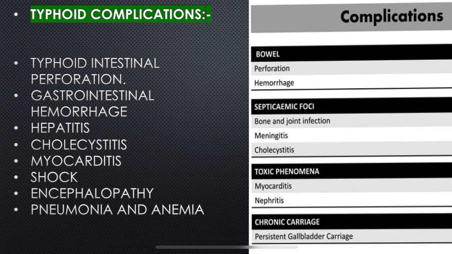Encephalopathy is when the bacteria cause brain inflammation, which is confusion, delirium, seizures. And then we also see spreading to the bloodstream: once Salmonella typhi multiplies in the ileal Peyer's patches and the intestinal ulcers, it can break through and spread into the bloodstream, and that can also lead to septicemia. Is it clear?